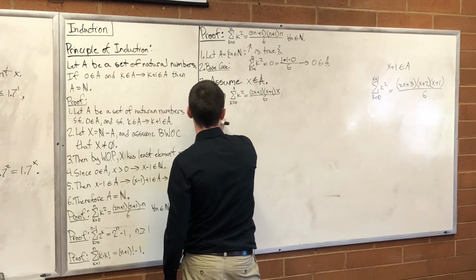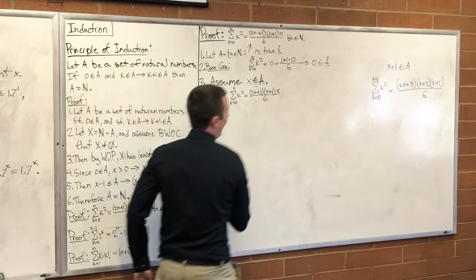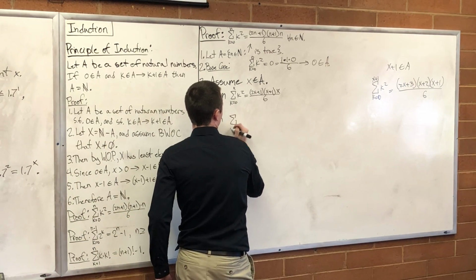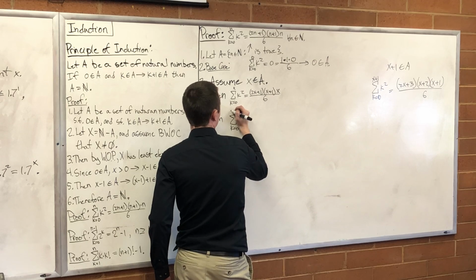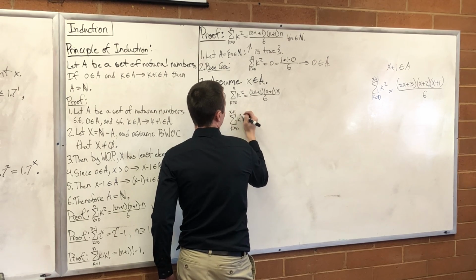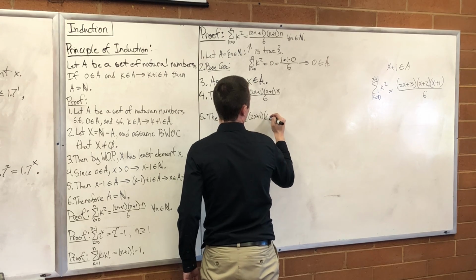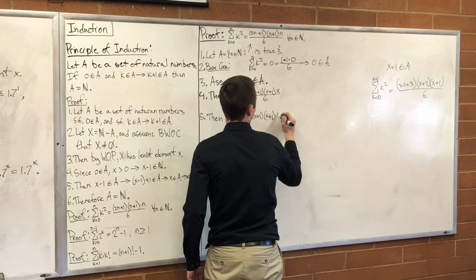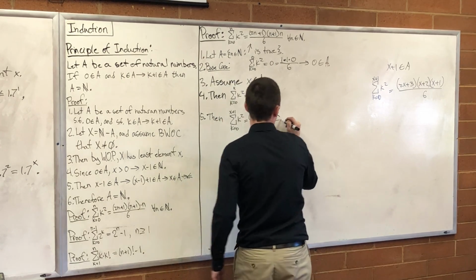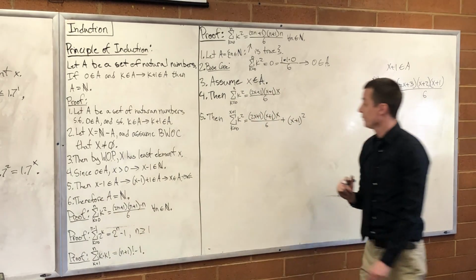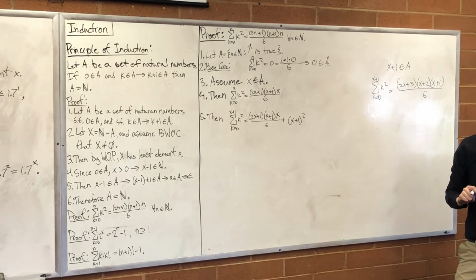Then, maybe I'll do it in line 5, when we add x plus 1 squared to both sides, I get the sum from k equals 0 to x plus 1 of k squared is equal to 2x plus 1 times x plus 1 times x over 6 plus x plus 1 squared. Why x plus 1 squared?